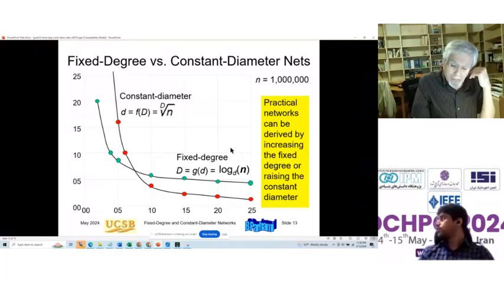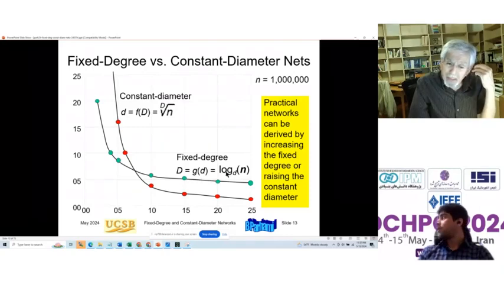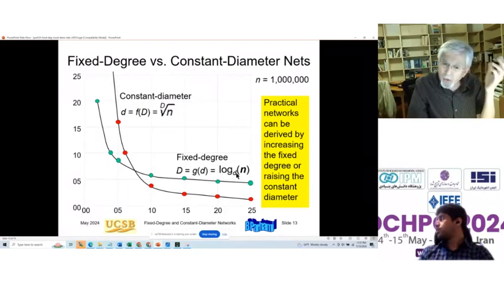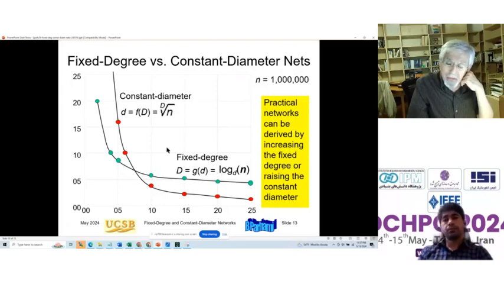Okay, so for a given fixed degree, the best diameter that I can achieve is order log base d of n, there will be a constant in front of here. And for a given diameter, the best node degree that I can achieve is proportional to the dth root of the number of nodes n.